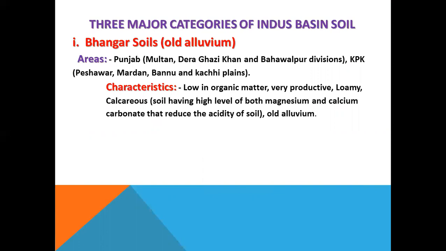It is found in the area of Punjab, in Multan, Dera Ghazi Khan, and Bahawalpur divisions. In KPK, Peshawar, Mardan, Bannu, and Kutch plains. All these are the names of the cities of KPK.